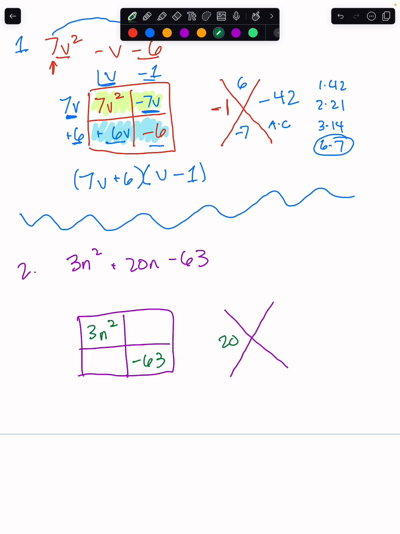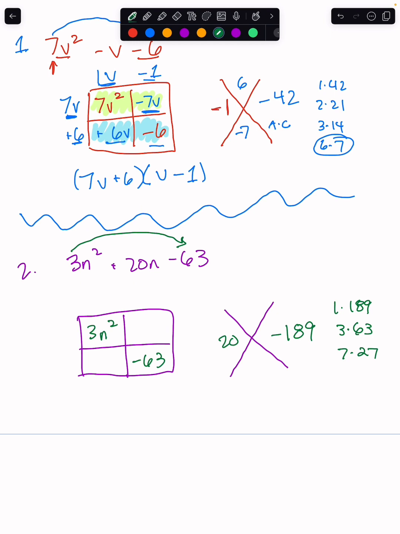But now I have to multiply 3 times 63. And when I multiply 3 times negative 63, you get negative 189. Okay? So let's go ahead and run through some of these. 1 times 189. 3 times 63. 7 times 27.